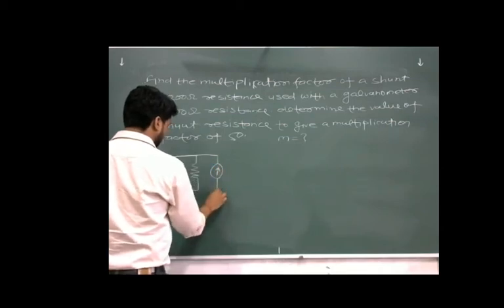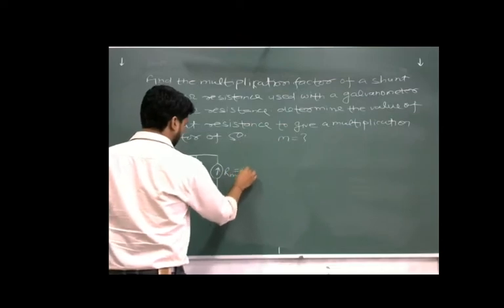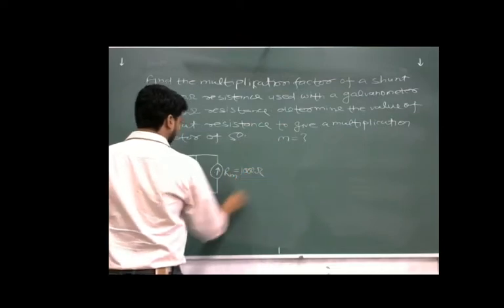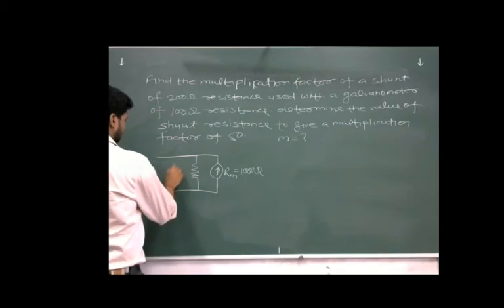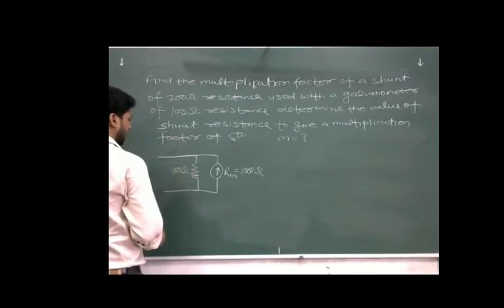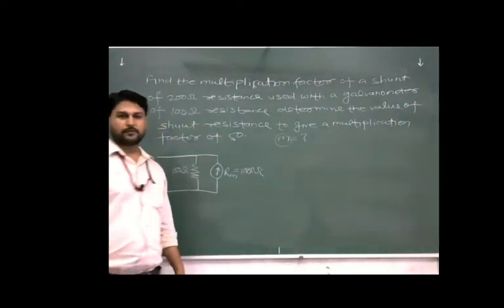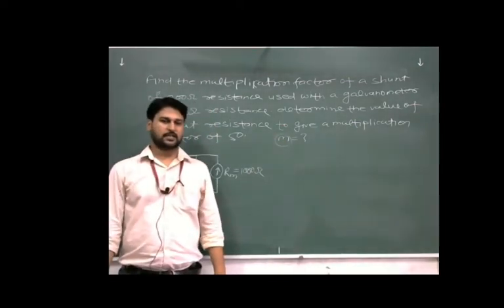The value of Rm is 1000 ohm, the value of RSH is 100 ohm. We have to find the value of the multiplication factor.